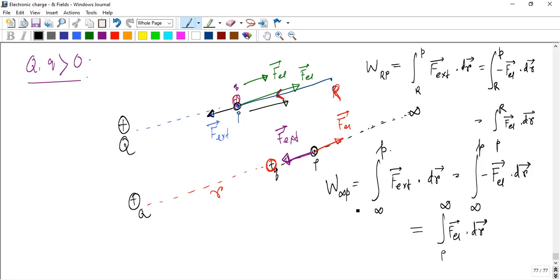Clear. Here the forces are not attractive; both are repulsive, because both charges are positive. If someone asks whether I can take a negative test charge, it is mathematically possible. The electrostatic force would be toward the source charge, and we apply the external force away from the source charge, otherwise the test charge would overlap the source charge.